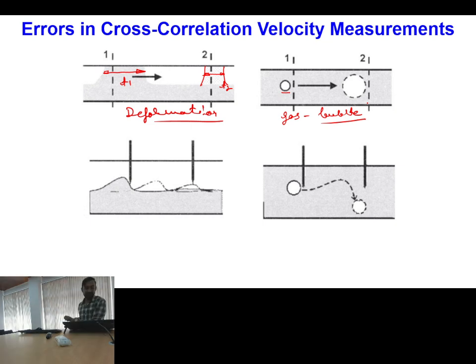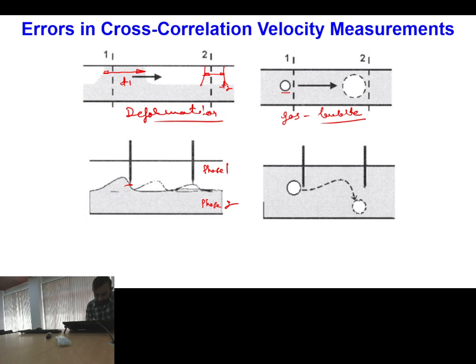Then the third point. Say here you have phase 1 and this is phase 2, with some wavy structure. Initially this crest contacted the first measurement probe. It was expected that to measure the velocity of this crest, the same crest should touch the second probe also.